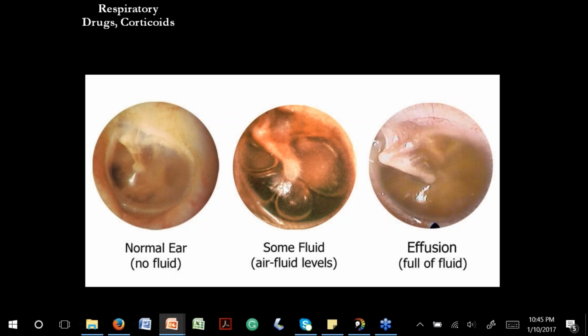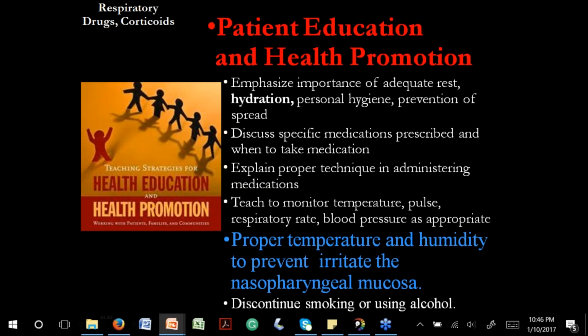This is the tympanic membrane, and you can see there is some fluid in the middle ear that is going to push the tympanic membrane. So the first thing you're going to have is diminished hearing. Why? Because the tympanic membrane becomes tense, and the vibration is going to diminish.